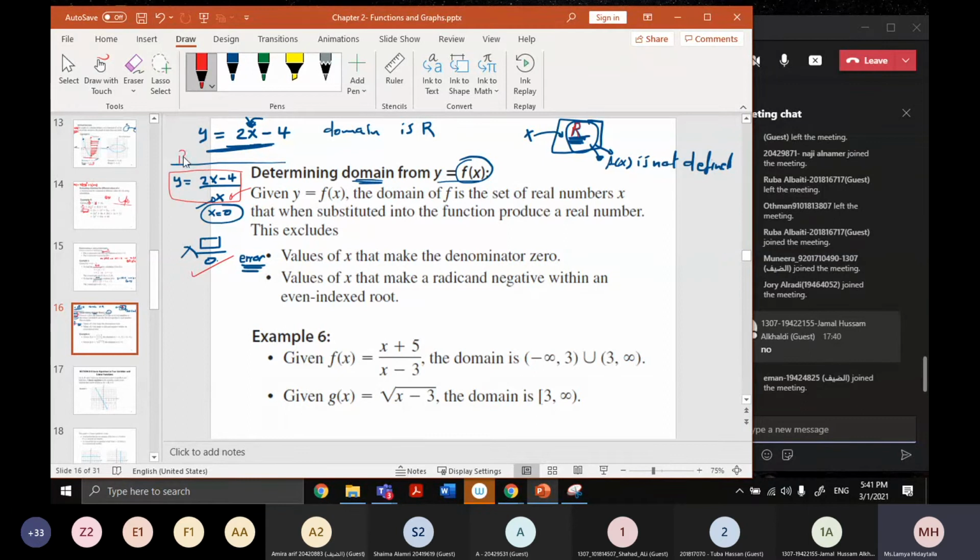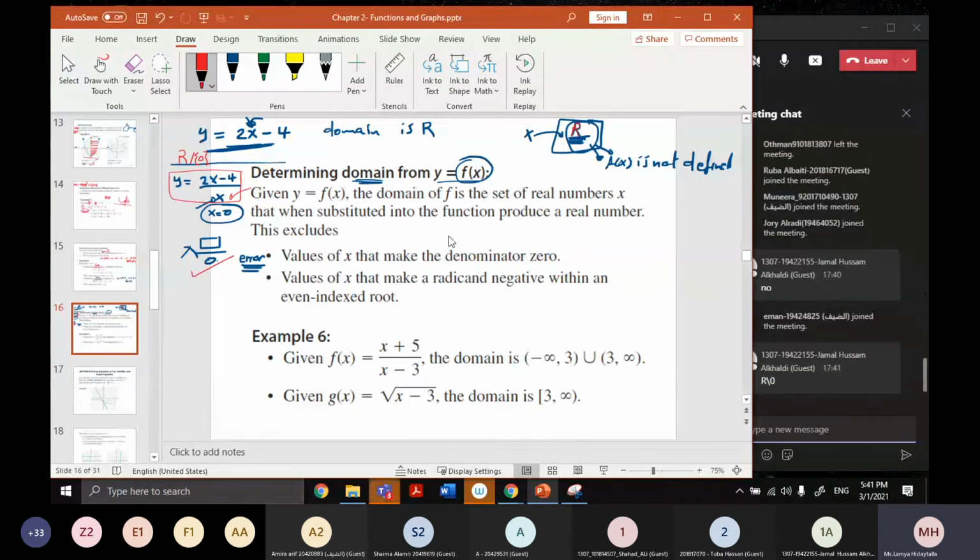My domain is the whole real line except the set 0, or the number 0. So everything except the 0. That means the whole real line, but not this one point 0, but every other number. That means everything from here to there and from here to there, but not this one.